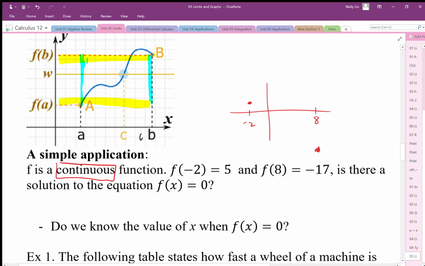Okay, and we know it's continuous. We don't know if it goes up and down like this. We have no idea. But what we do know is that between the upper and lower, the point here must exist, and it must be in the bound that we've described.